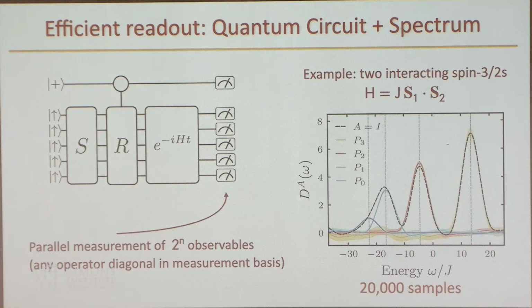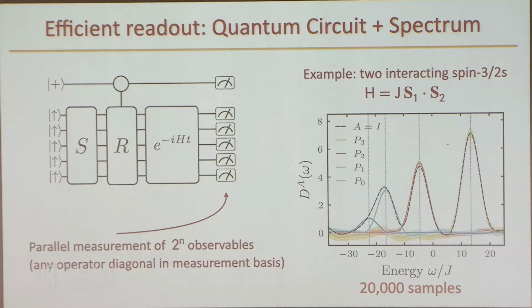For the simple example of just a Heisenberg model of two spins, that's obviously a trivial problem. We can solve this with direct diagonalization, and we get 4 eigenvalues, and you see them by these gray lines here.